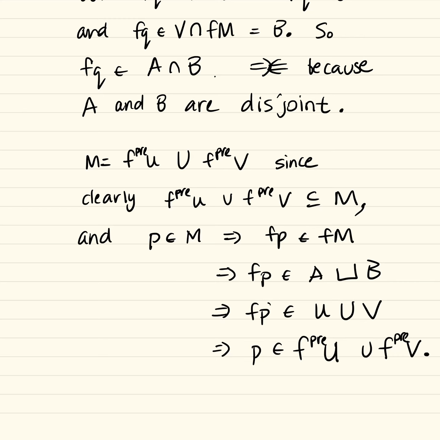So, what does this mean? All of this tells us that M is a subset of preimage of U union preimage of V.